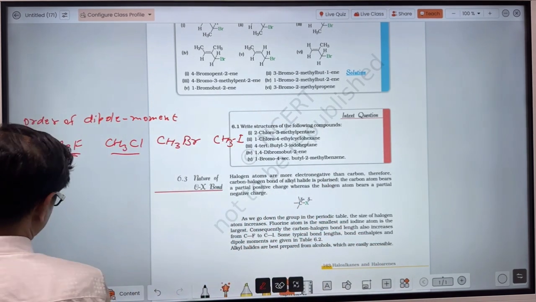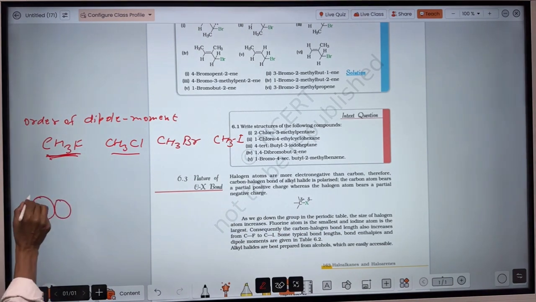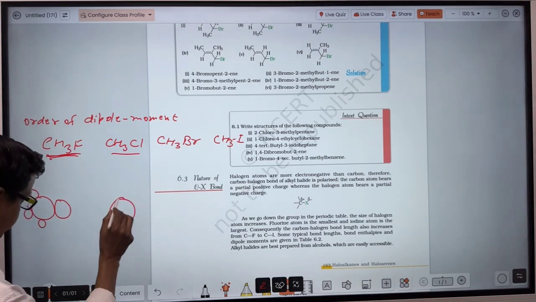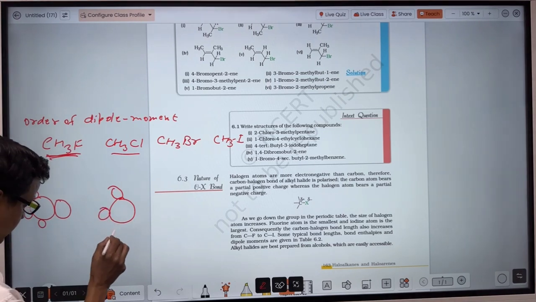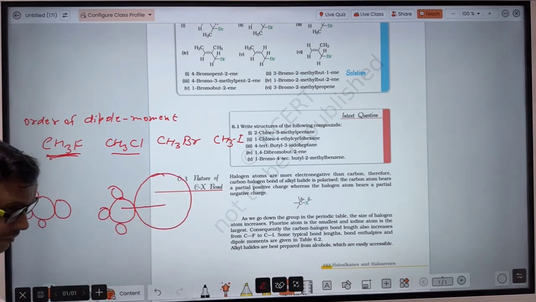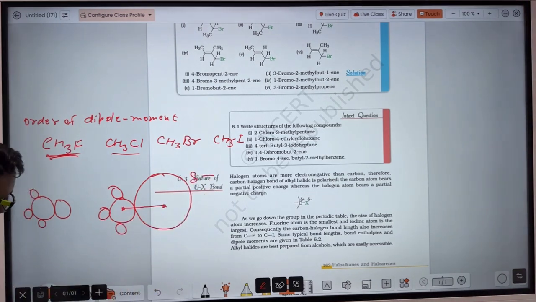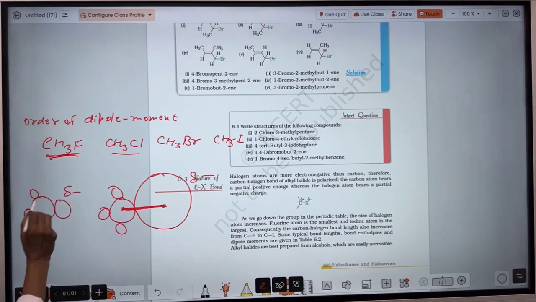So in CH3F, the fluorine will be smaller than chlorine. When we compare CH3Cl, the size of chlorine is very large, so the bond length is larger. So the product of the negative charge on the halogen and this bond length is larger than the product of the negative charge on the fluorine atom and its bond length.